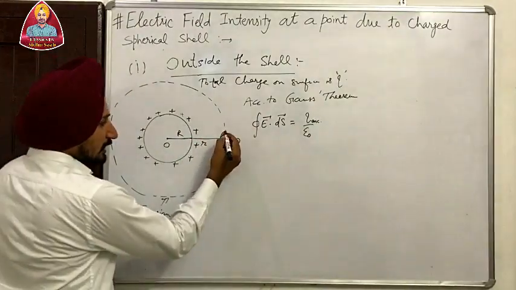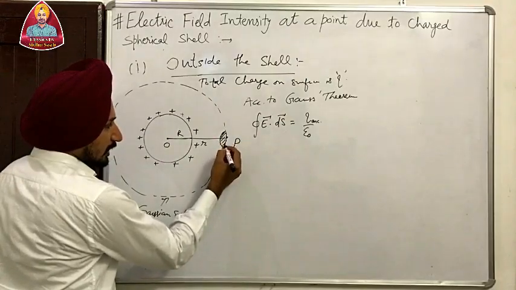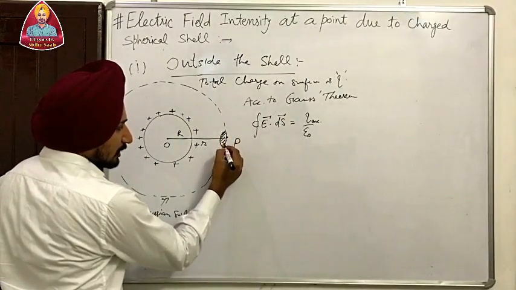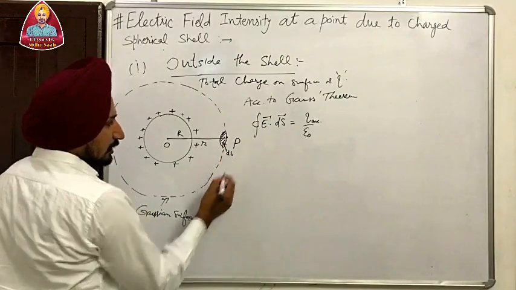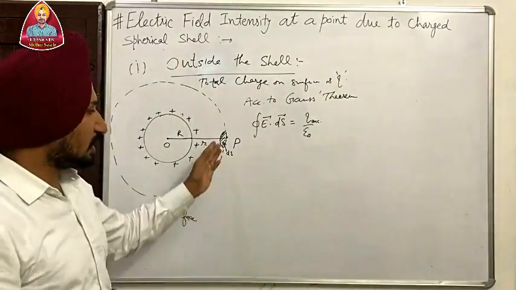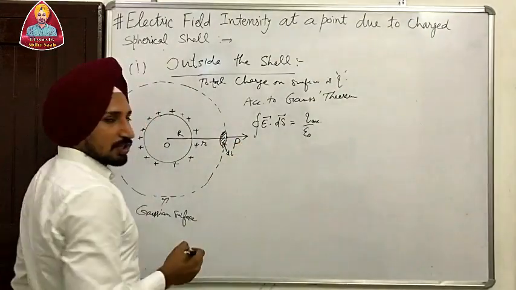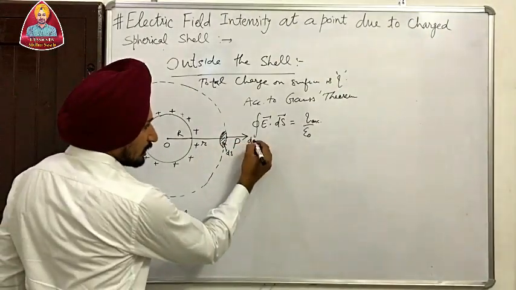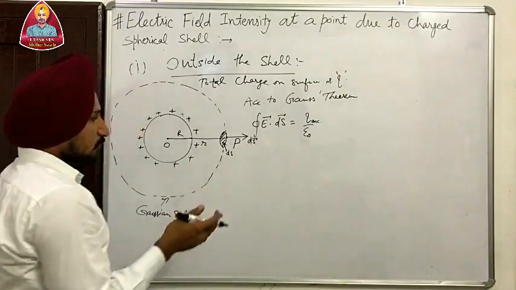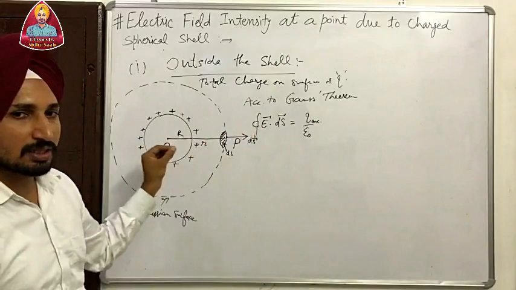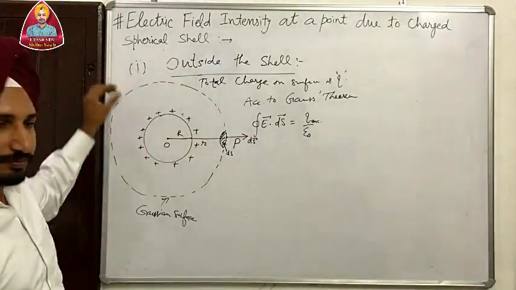Clear? So let this be ds, and what is the direction of this ds vector? It will be normal to the surface. Also we know that the electric field intensity due to the spherical shell is outward at every point.